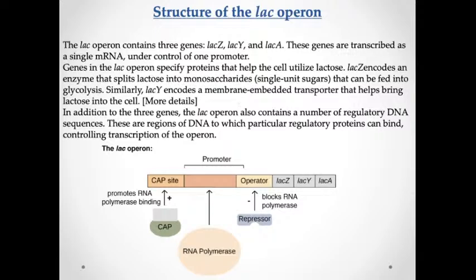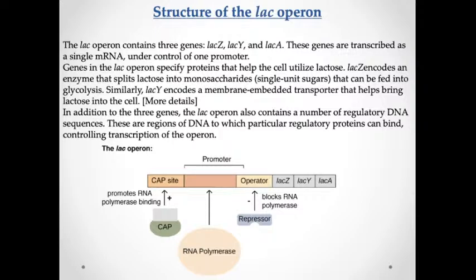The Y gene encodes a membrane-embedded transporter that helps bring lactose into the cell. In addition to the three genes, the Lac operon also contains regulatory DNA sequences. These are regions of DNA to which particular regulatory proteins can bind to control transcription of the operon.